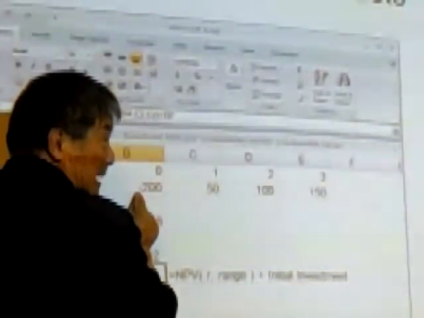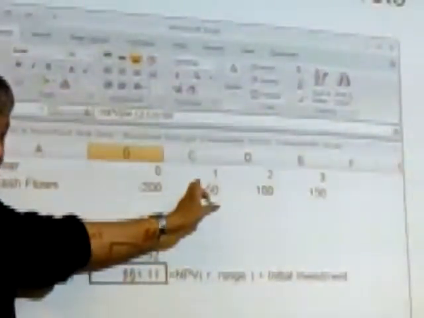Then you plus the first investment, since you are using a negative sign, you plus. You must correctly calculate net present value to look like this: equal to function NPV, parenthesis, interest rate, location, range from cash flow 1. Then you add initial investment.